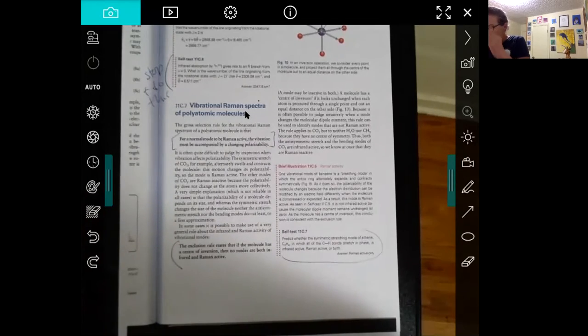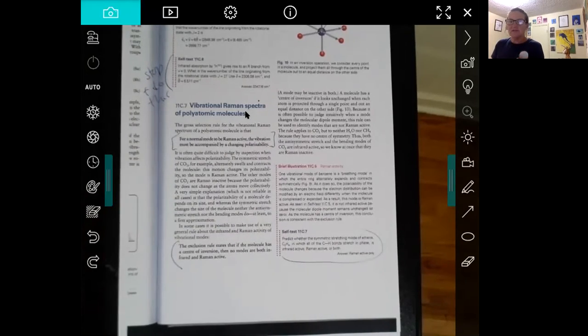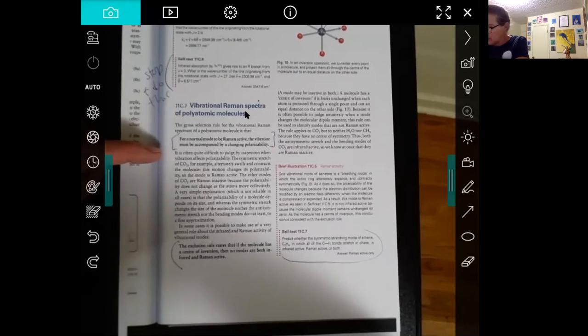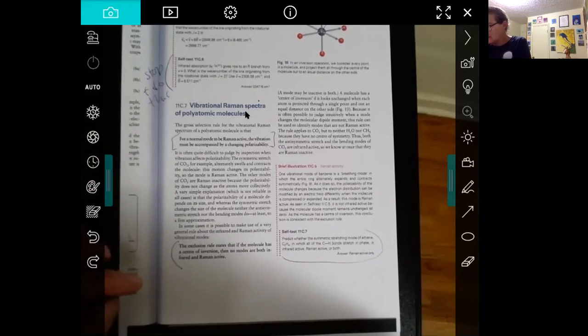When you think about understanding the vibrations in molecules, Raman and IR tend to complement each other. So for a normal mode to be Raman active, the vibration must be accompanied by a changing polarizability. And it's hard to know then which molecules might be both changing dipole and changing polarizability.